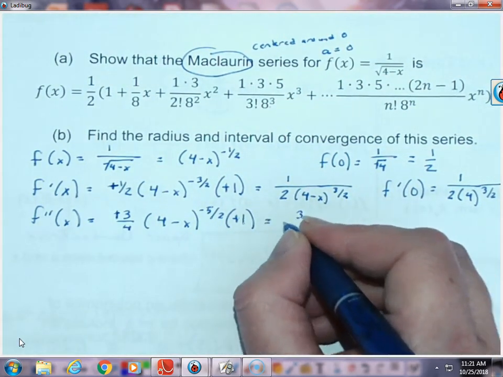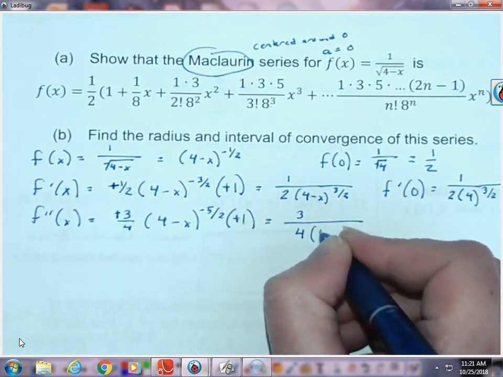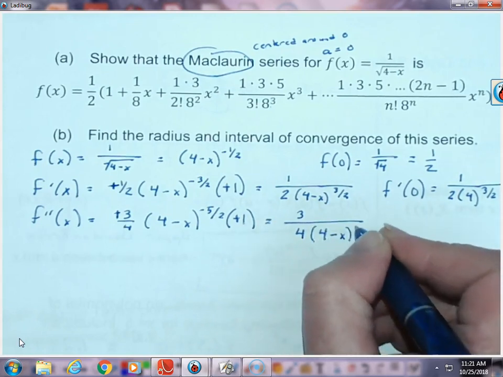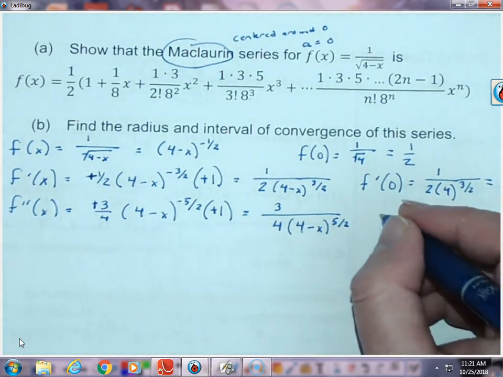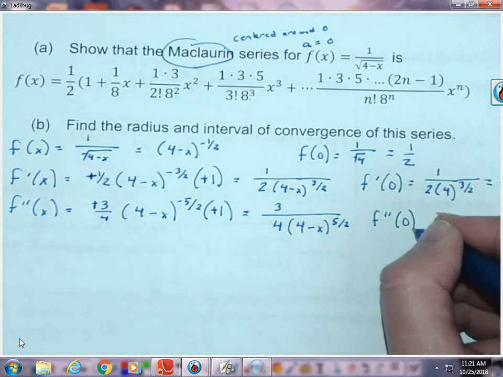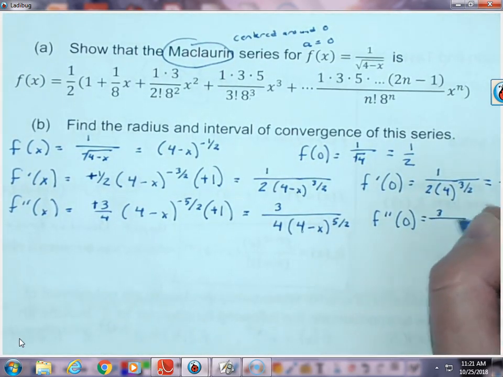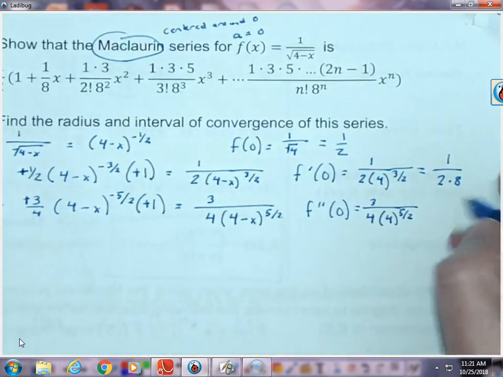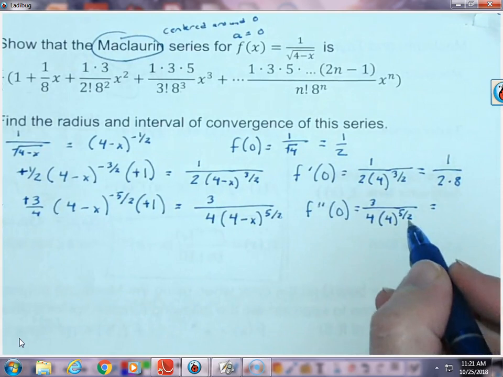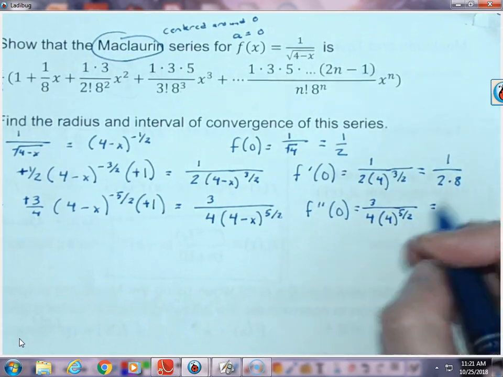And I'm going to write it as a fraction because to me that's easier for substituting in. So we'll need f double prime of 0, and we'll have 3 over 4 times, when you put in 0, 4 to the 5/2.